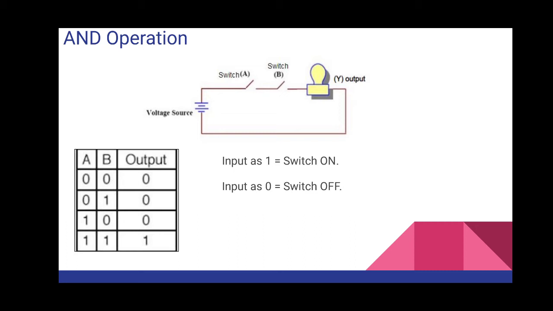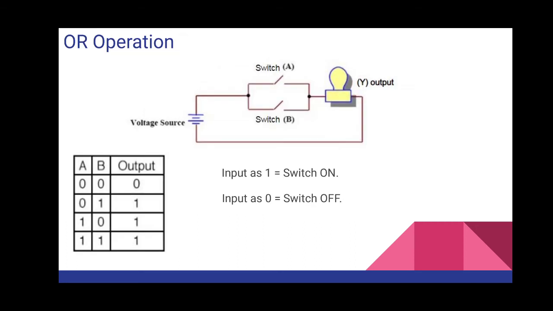I hope this AND operation is clear, so that we will move to the next operation, that is which one? OR operation. Same, again I have taken the example of an electrical circuit, but now here you can see the arrangement of the switches is different in this case.